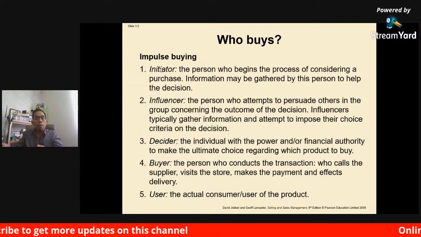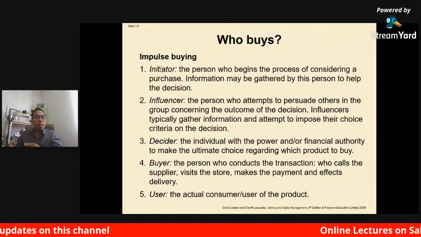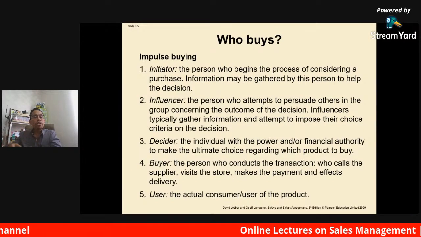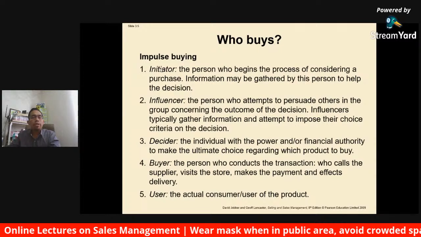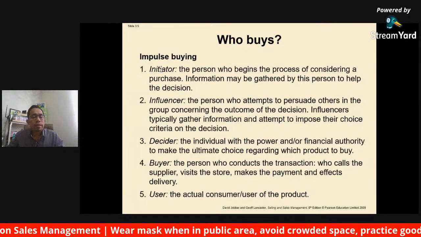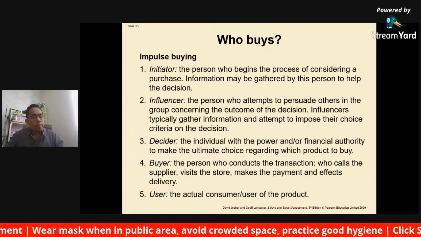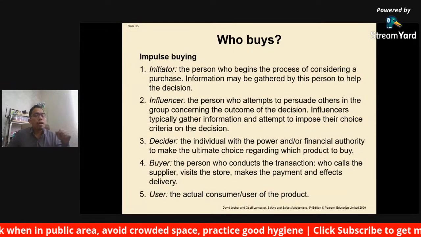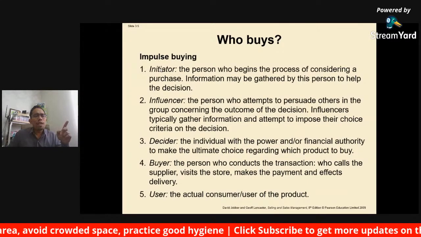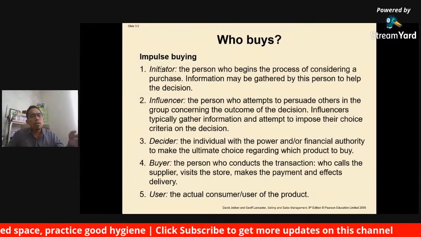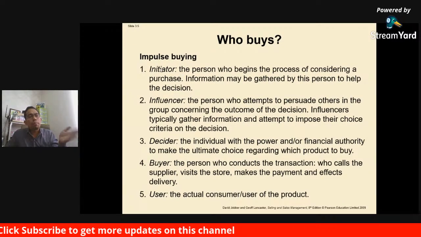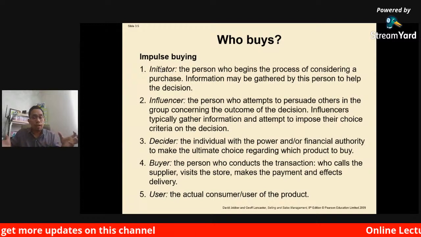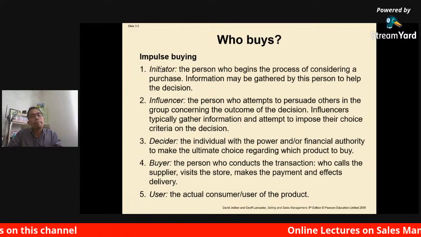So these people encourage and give more courage: yes, you must buy this product. Influencers typically gather information and attempt to impose their choice criteria on the decision. For example, if we have more than inventory management, we add something that can print out the price as well, so more specifications come in.